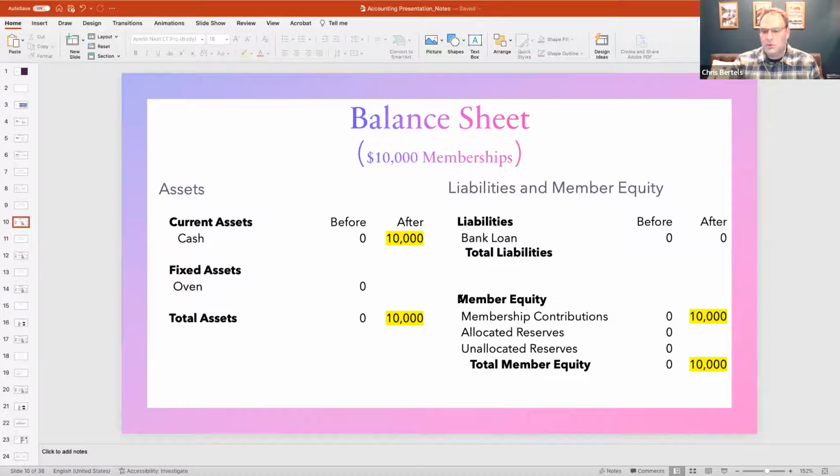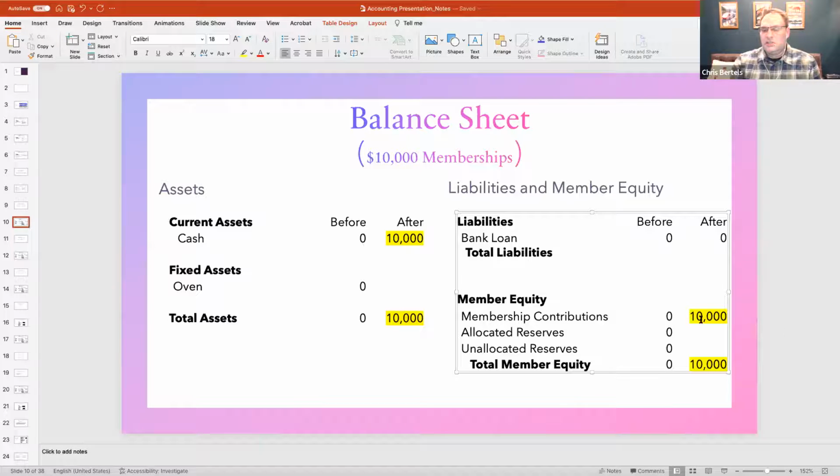If we go down to member equity, and if you recall, that's basically how much the co-op owes to the members, and we'll talk about these individual lines later. But the members contributed $10,000. So the co-op needs to keep track of that because they need to know how much they ultimately owe to the members.